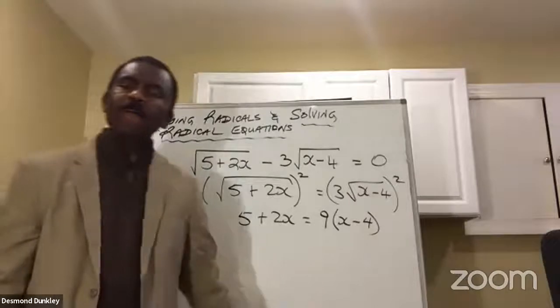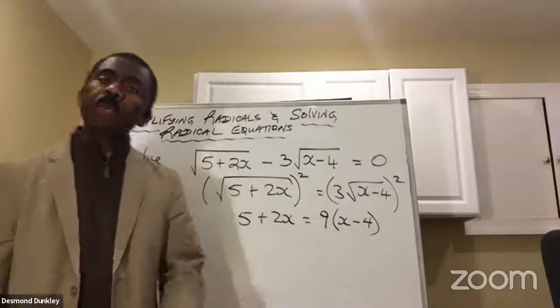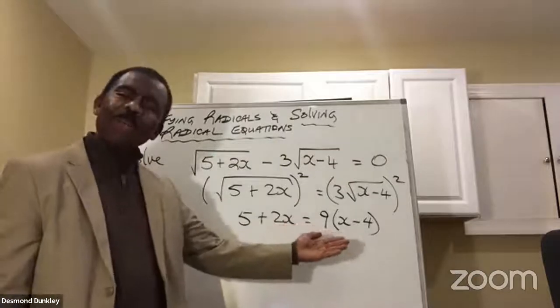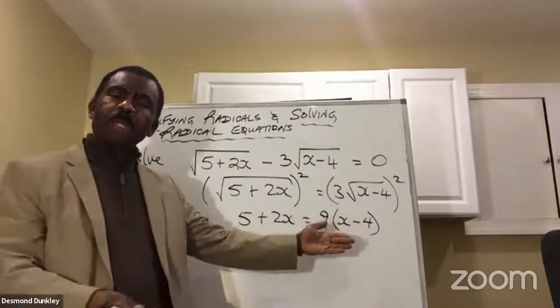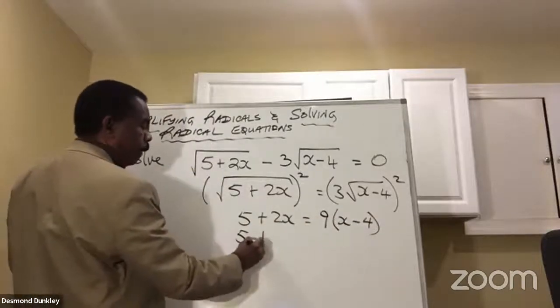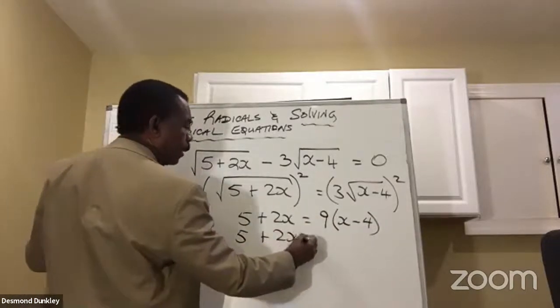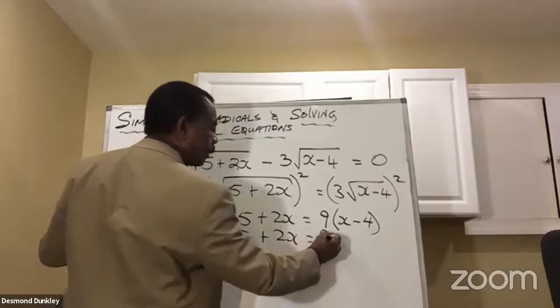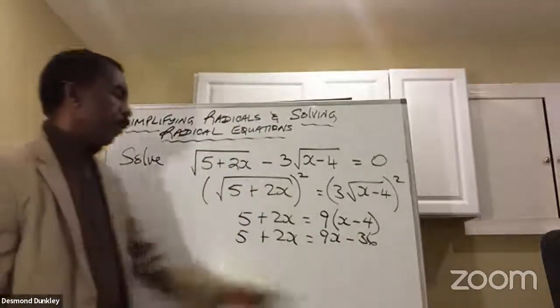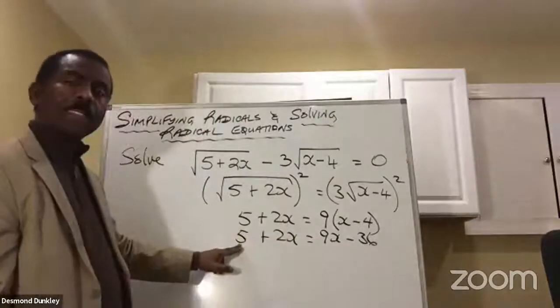And now what do you have? You have a linear equation. So you went from a radical equation to a linear equation, and then it becomes very easy. So we distribute, we end up with 5 plus 2x equal to 9x minus 36. So we could add 36 to both sides.